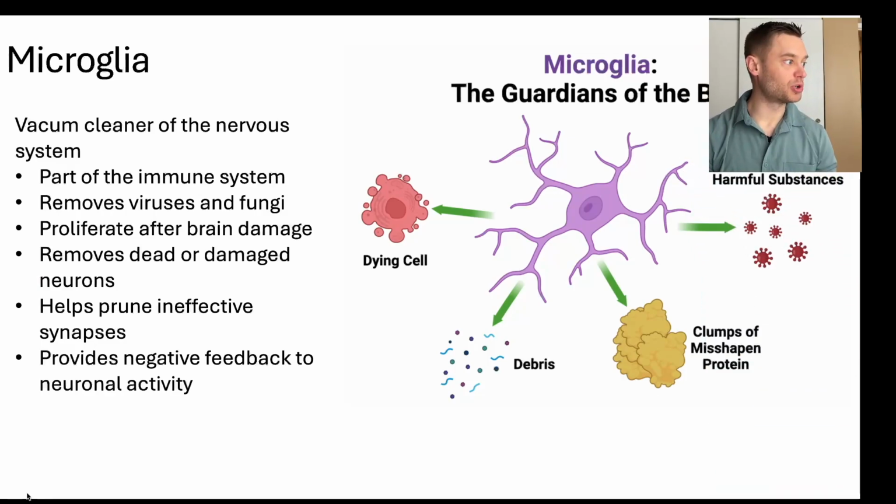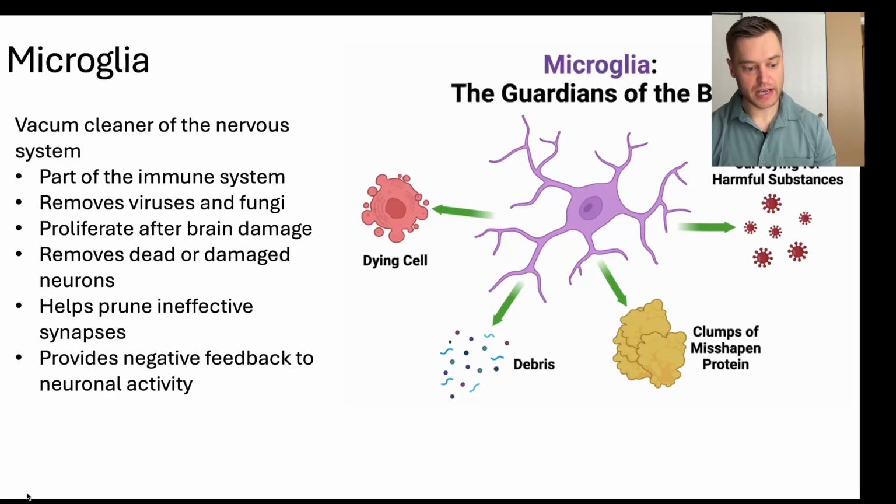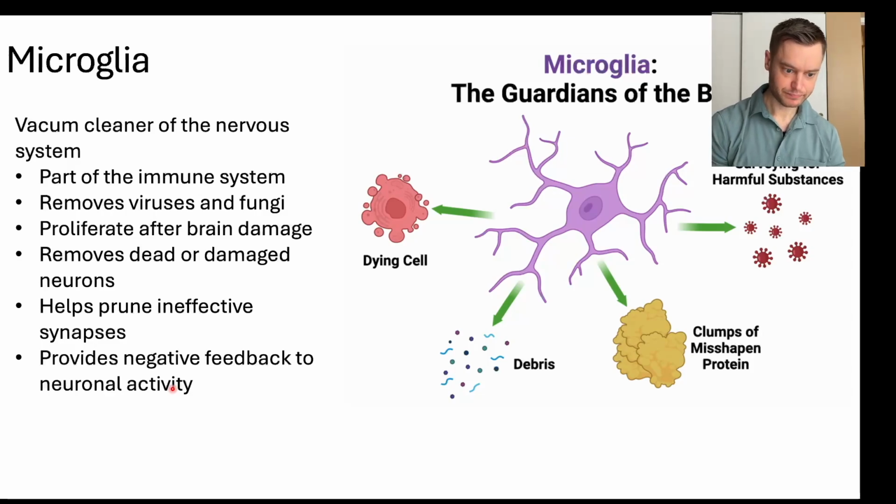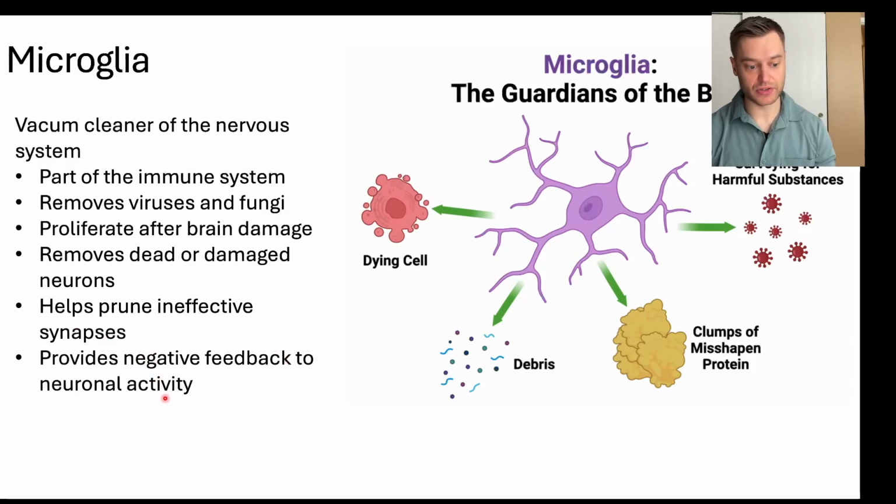So they help prune ineffective synapses, and they provide negative feedback to neuronal activity also. So that's also important. But what you need to know is what's on this slide. You definitely need to know that it can prune synapses, it gives negative feedback to neuronal activity, proliferates after brain damage, removes viruses or fungi, and definitely is part of the immune system.